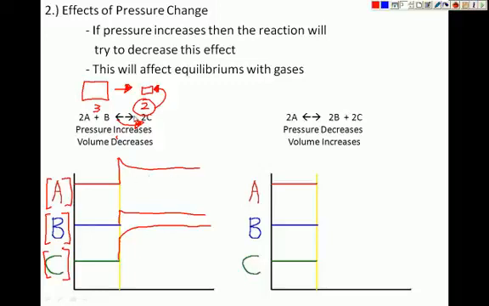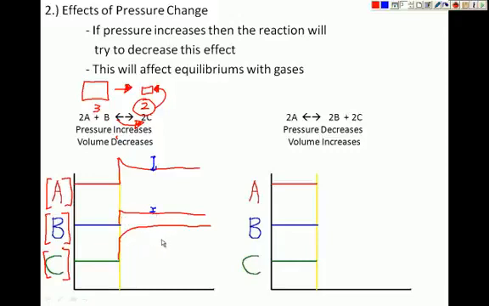Okay, so we see it shifts right, so A and B are used up to make C, and so A decreases, B decreases, and C increases. And make sure when you draw this to try to think about proportionalities. So when A decreases, it's going to be 2 particles of A decreasing for every 1 particle of B. So this distance right here should be twice this distance from here.